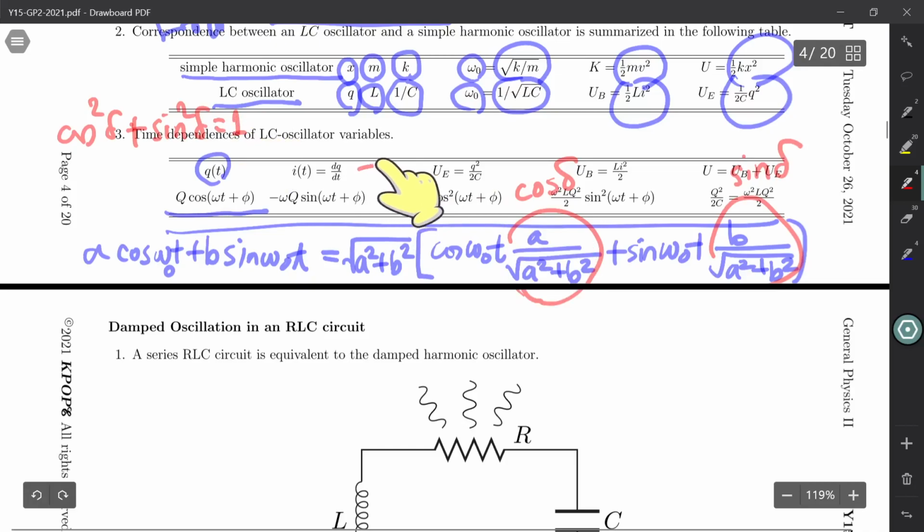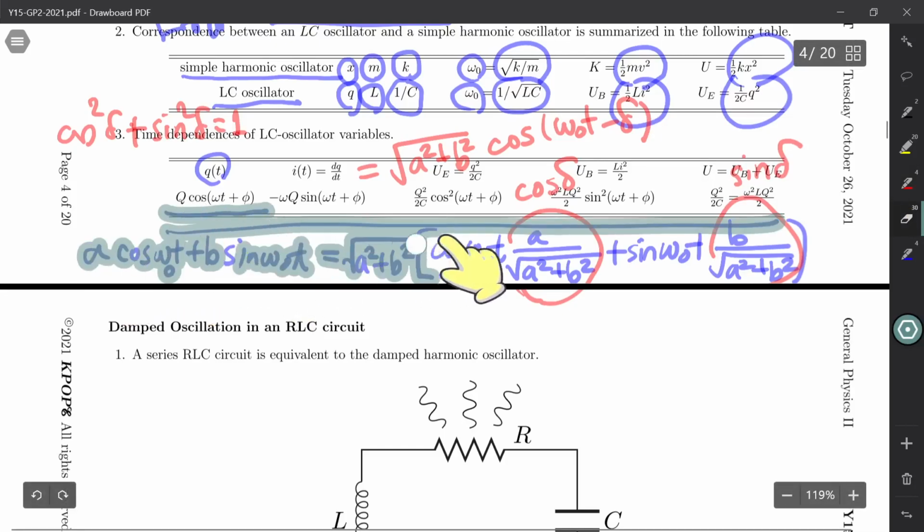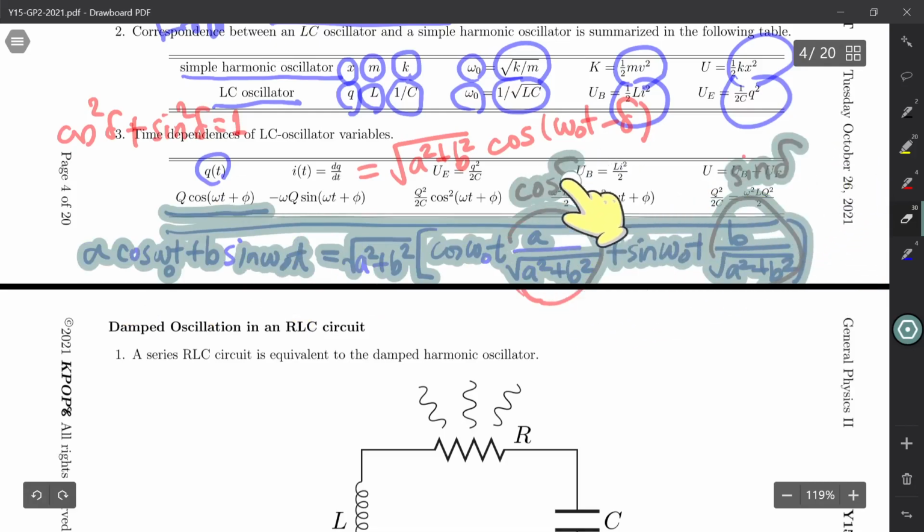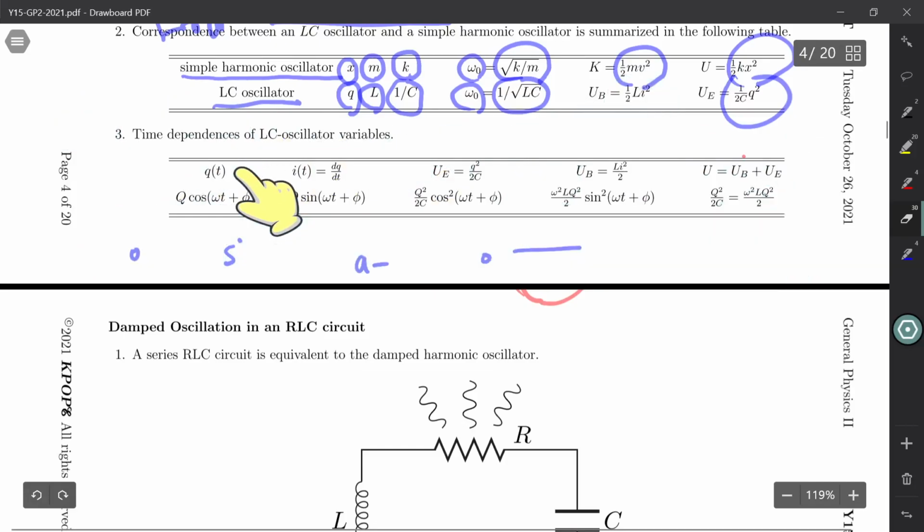Then this one can be parameterized by cosine omega 0 t minus delta. So the solution for Q can be expressed as a single sinusoidal function including phase.